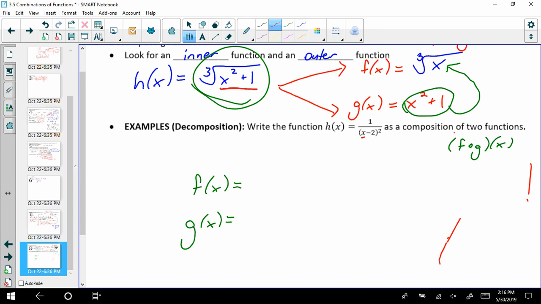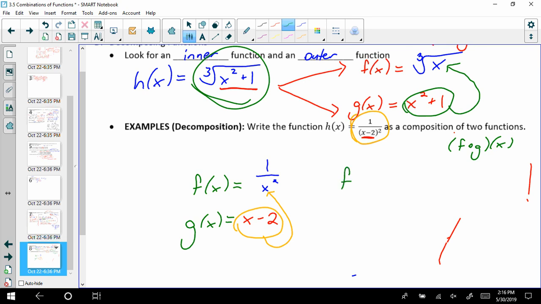You might say, oh, x minus 2. I'll say, okay, that would work. So then f would have to be everything that's left, the skeleton. So 1 over x squared. And if you wanted to check, if I substitute this in for x, would I get this? And you would.